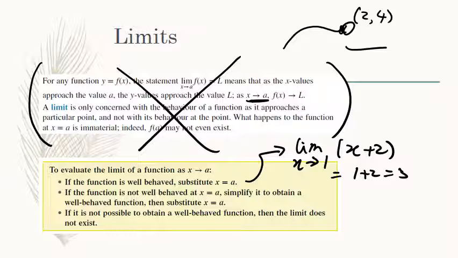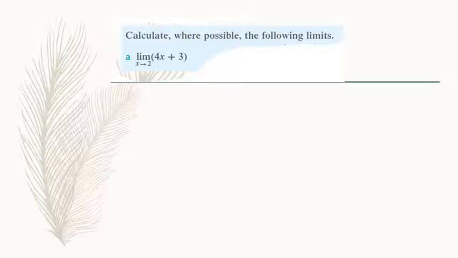Now, if there's something where it's not well behaved, which means you're going to be dividing by something else, then you'll have to actually do some manipulation to make it work. I'll show you what that is when I get up to one of the examples. And then the last one is, if it's not possible to obtain a well-behaved function, then the limit does not exist. If you're not entirely sure what well-behaved means, you will see in a second.